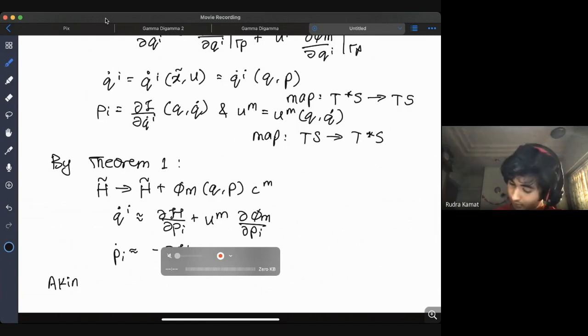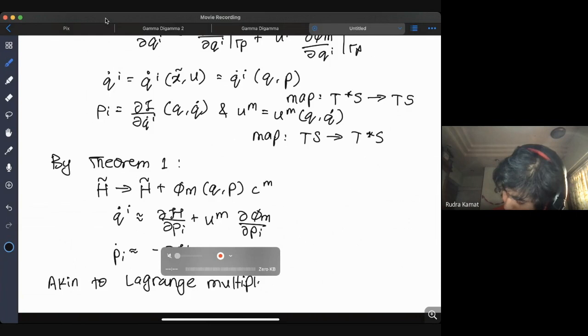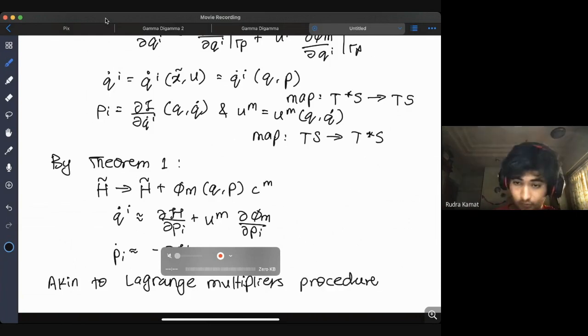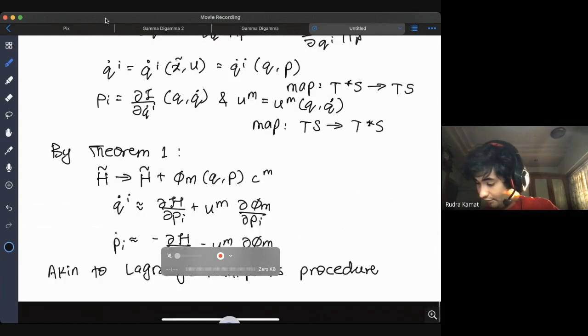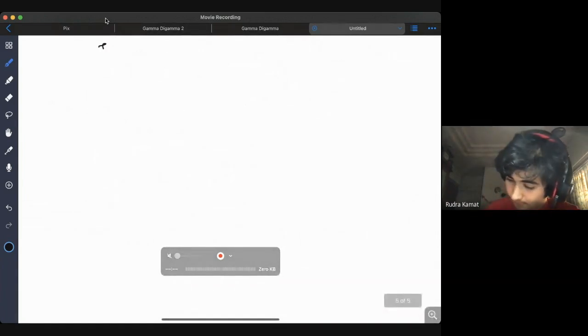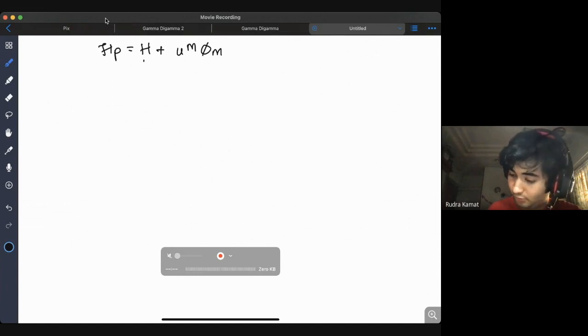So this is akin to the Lagrange multipliers procedure from multivariable calculus. And the Hamiltonian that we have here can be called the phase space Hamiltonian. So H plus phi m. H was defined on gamma sub p, and this extension is in the neighborhood of gamma sub p.